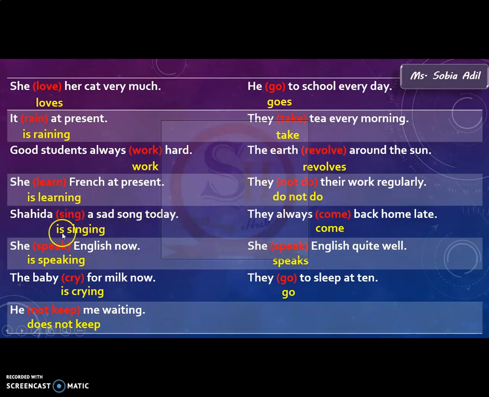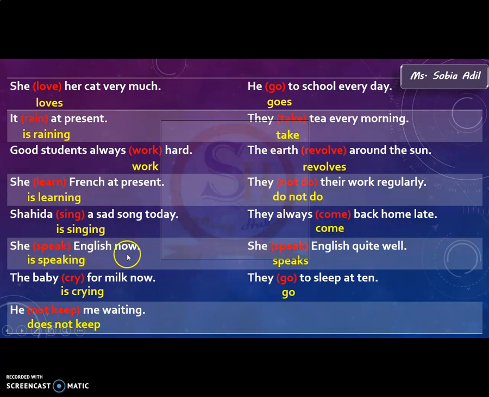Here you need to write is singing by cutting this one, because it's continuous tense. This statement is telling you that it's continuous tense. Next: they always come back home late. Now this one is right, because it's telling you about a habit or daily basis activity. So it will remain the same. Come will remain the same.